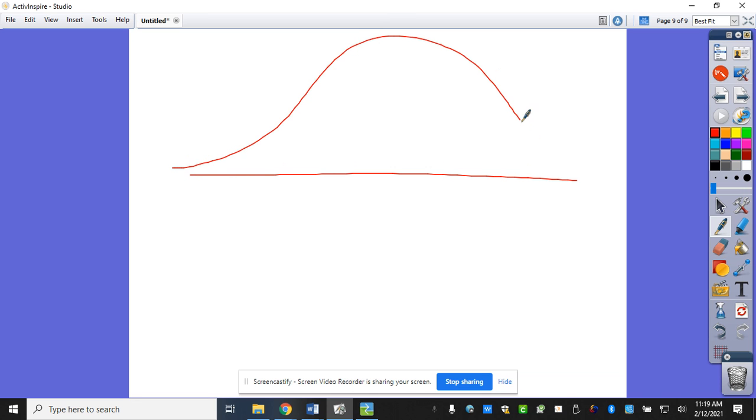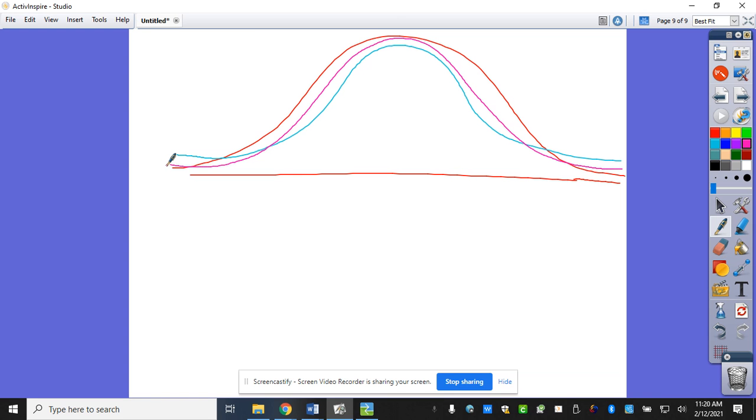You've got a z-score or a z curve, and that always looks exactly like this, right? A t changes. A t could look like this at some point. It could look like this at some point. And the size of the sample is going to change where that distribution is.